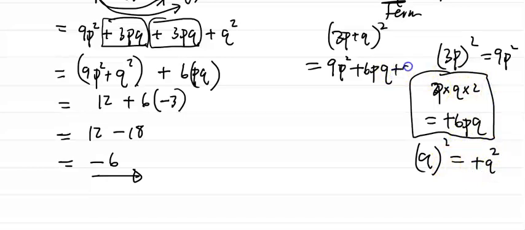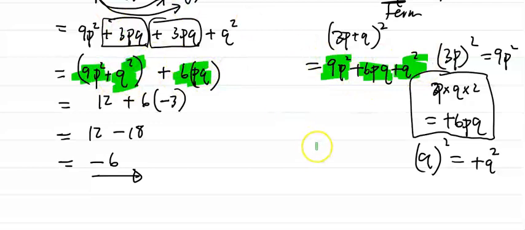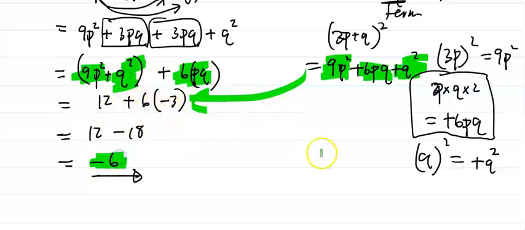Now if you compare the two that we have here, 9p squared plus 6pq plus q squared, you're going to get the exact same answer. And thereafter you're going to do the same thing that you did there, which is just to substitute and solve, and we'll end up with the same answer, which is negative 6.